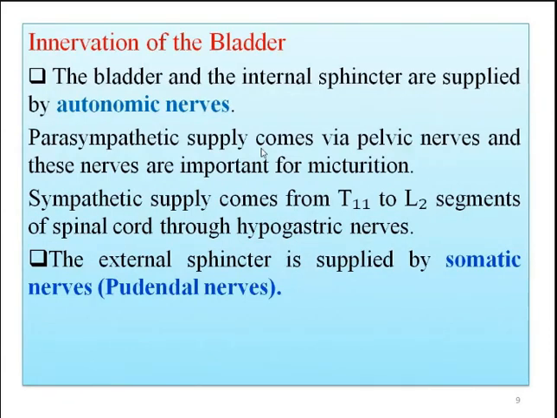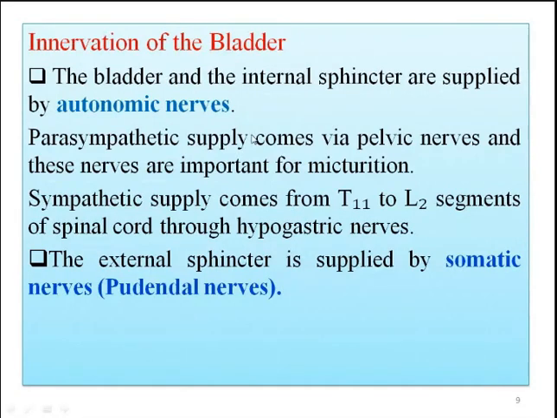The external sphincter is supplied by somatic nerves, the pudendal nerves, and it is under our voluntary control.